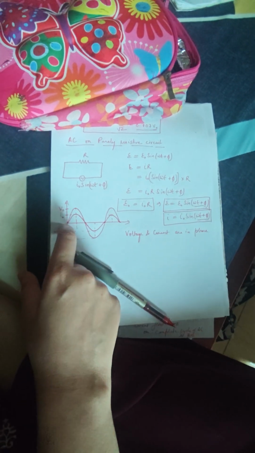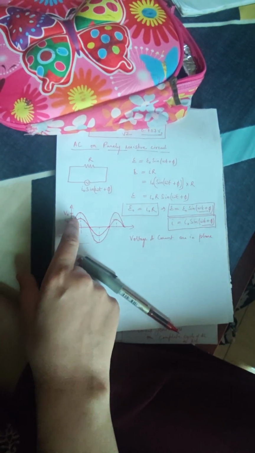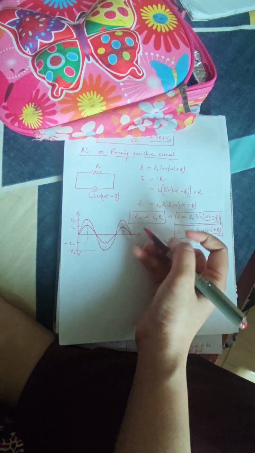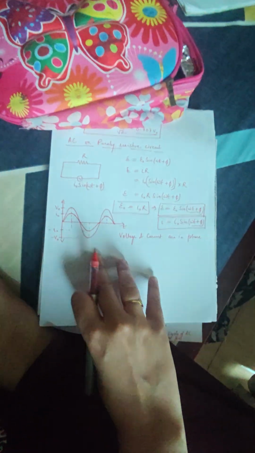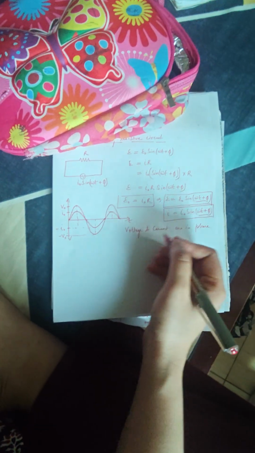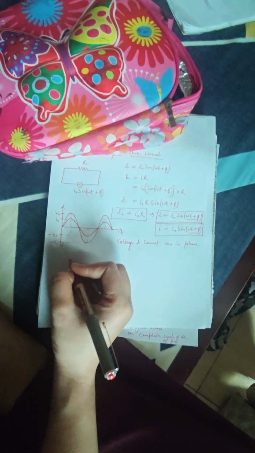If voltage is increasing, current is also increasing, and that is also happening in the same time. Here we are showing the time. This is what we call in phase quantities. Okay, so voltage and current are in phase, and if you would have to draw a phasor diagram, we'll come to that later on. Okay, so the circuit is purely resistive only.